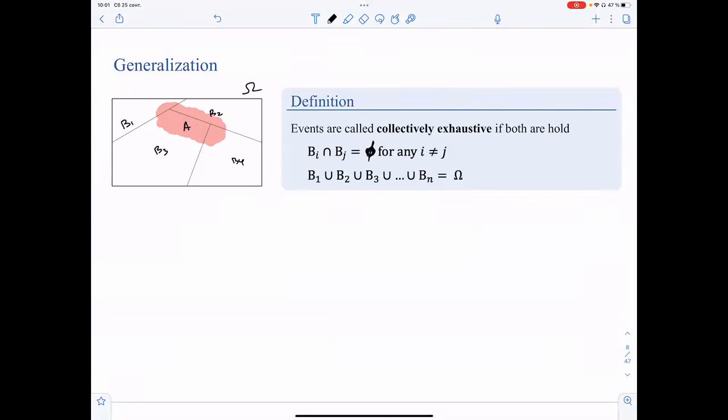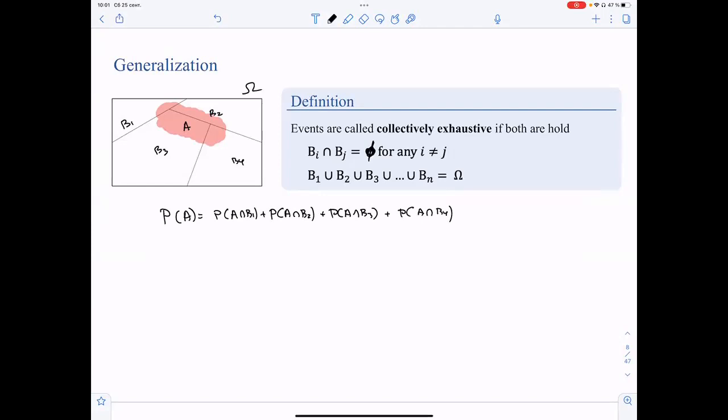And if someone asks me to evaluate the probability of A, then I say, look, according to the total probability formula that we just discussed, it's going to be A intersected B1, A intersected B2, A intersected B3, plus A intersected B4.